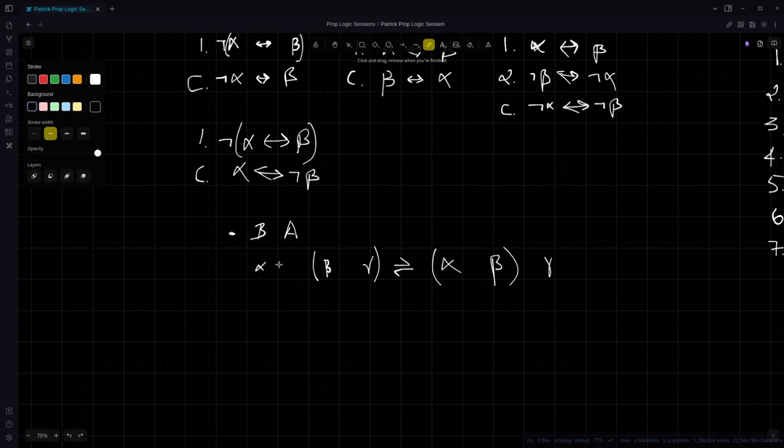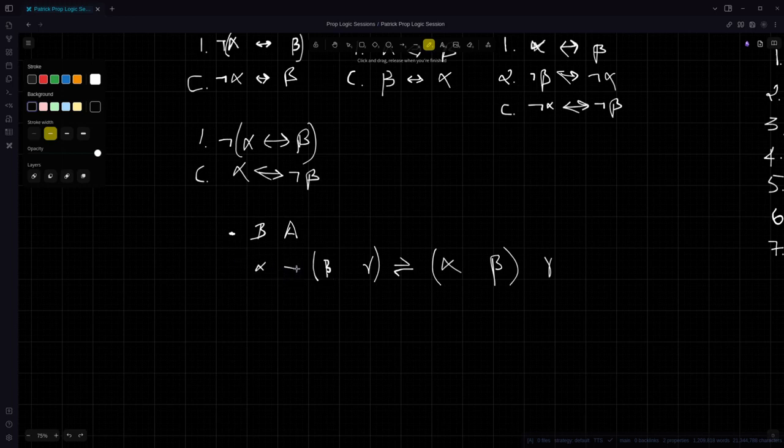So biconditional, conjunction, and disjunction, these three are symmetric. The material implication is asymmetric because you cannot perform a commutation. And the negation is a unary operator, so it's beyond the scope of commutation.